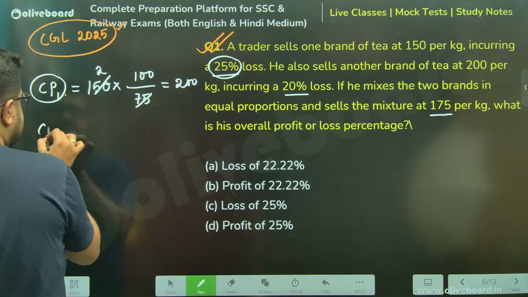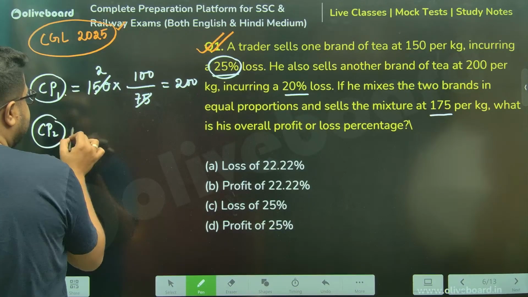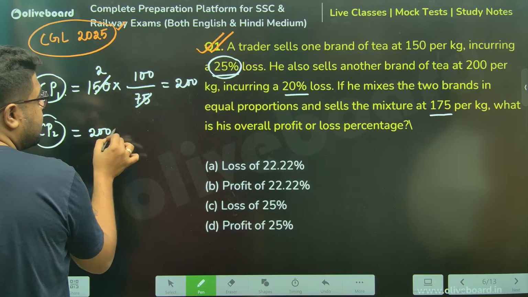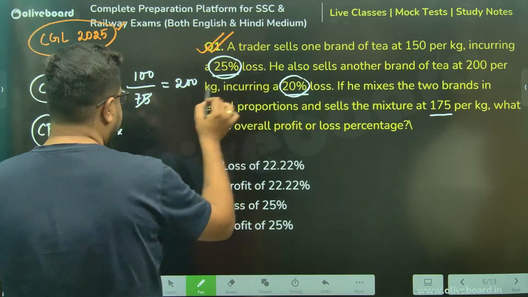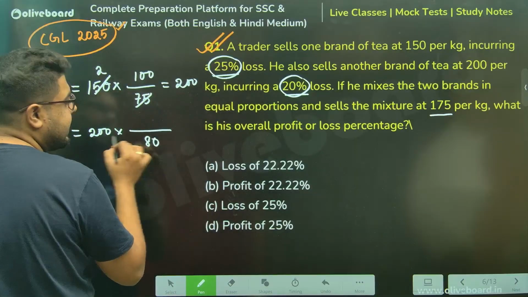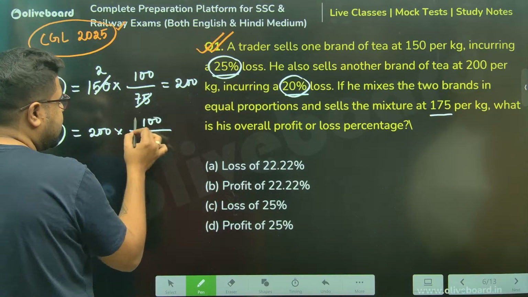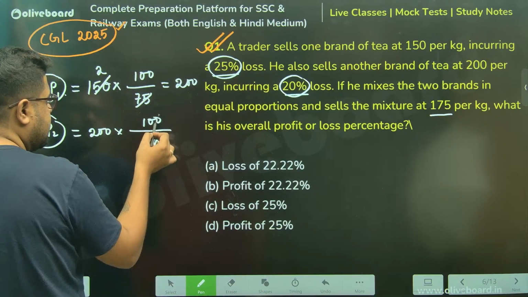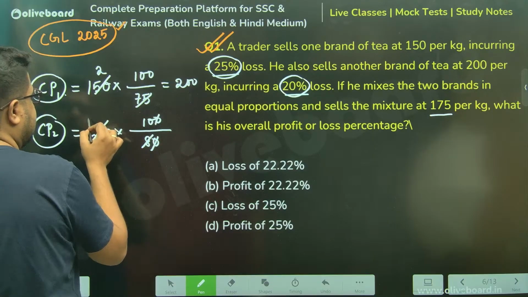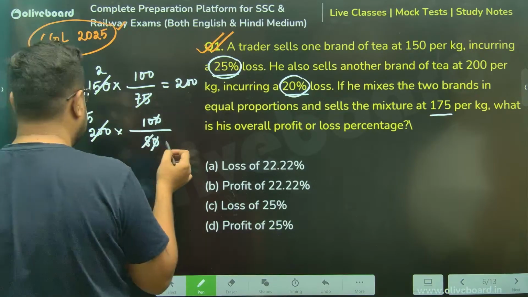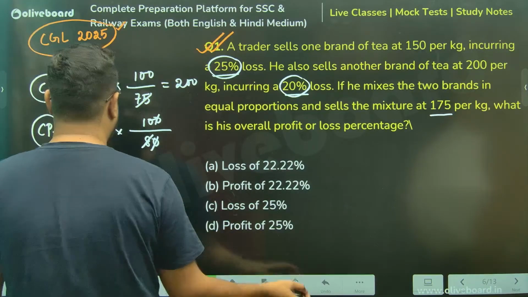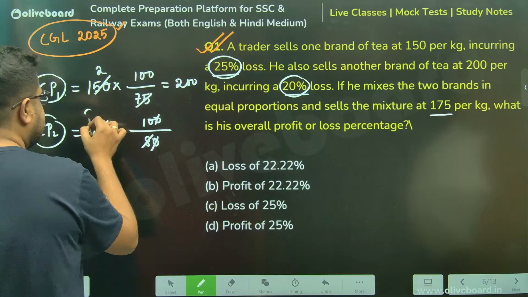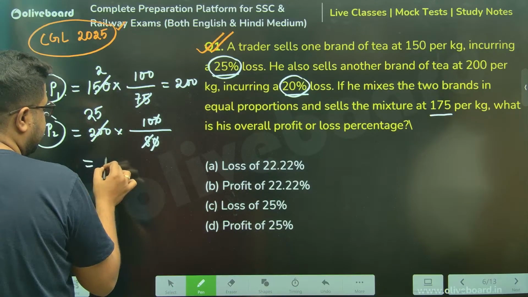CP of the second variety of tea will be how much? He's selling it for 200, incurring a loss of 20%, meaning this represents 80%. So 8 25s are 200, so CP is 250 rupees.